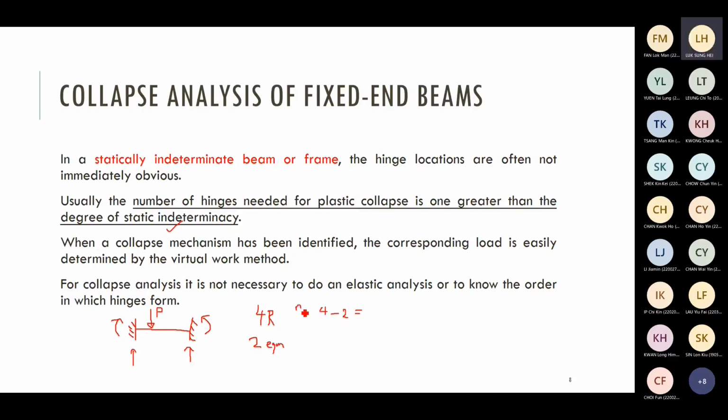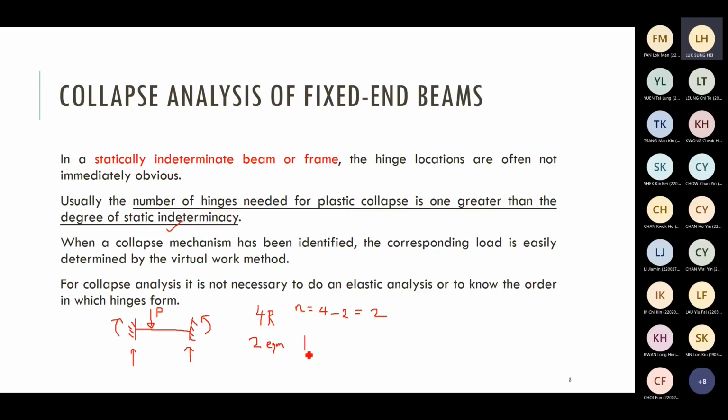Maybe I call this n, the static indeterminacy. 4 minus 2 gives you 2. So according to the statement, the number of plastic hinges required to make the structure collapse is equal to the degree of indeterminacy plus 1.